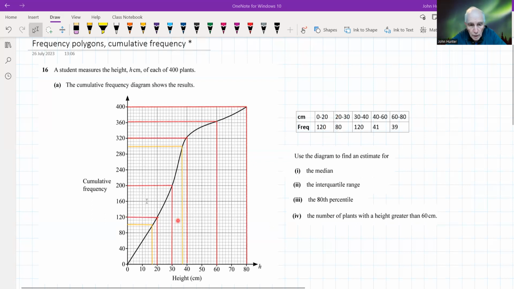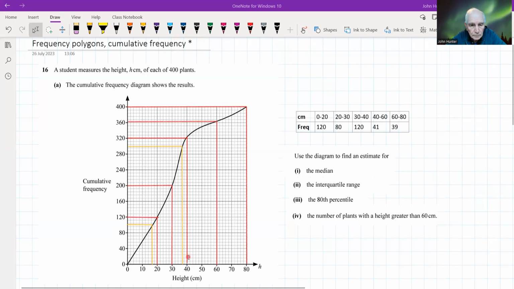So that'd be 200. And that's what this rectangle here represents. And then same again, if we look at 0 to 40, then we've got 120 plus 80 plus 120. So that's what this 320 here would be.